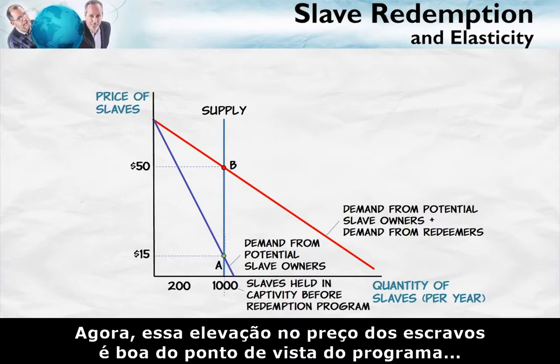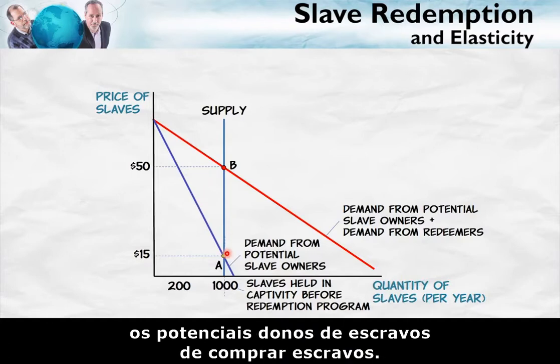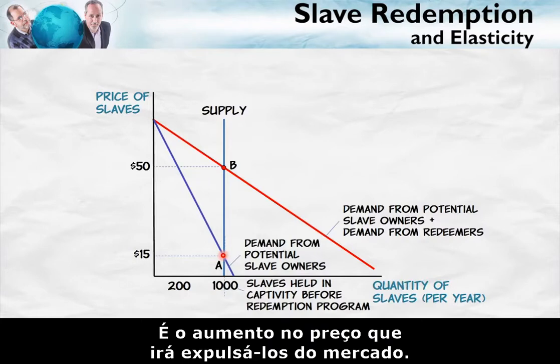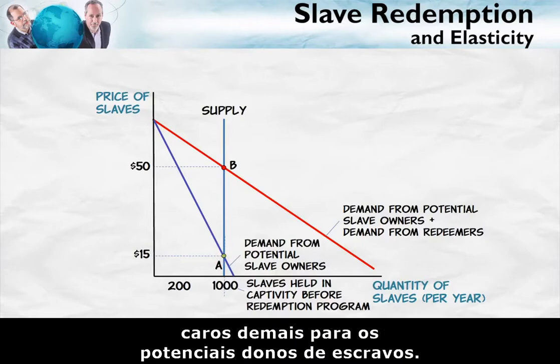Now, that increased price of slaves is a good thing from the point of view of the program because it's precisely that higher price which is going to discourage the potential slave owners from buying slaves. It's that higher price which prices them out of the market. What the redeemers are really doing is they're making slaves too expensive for potential slave owners to buy.